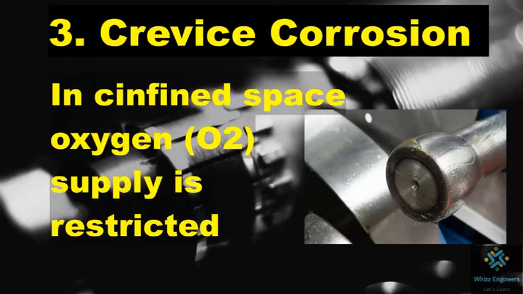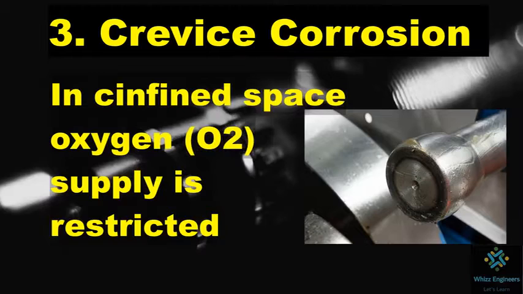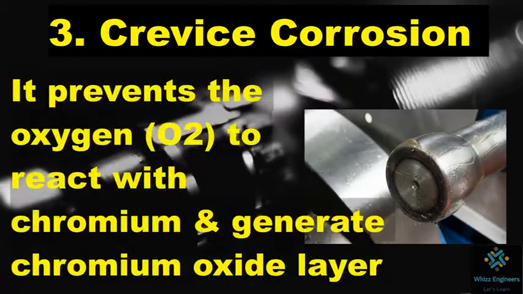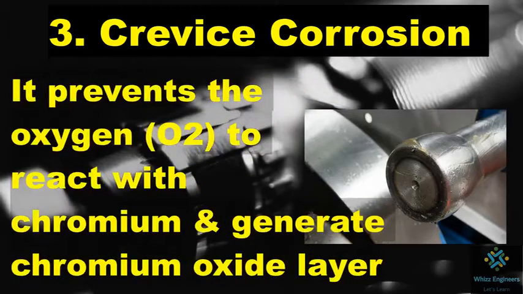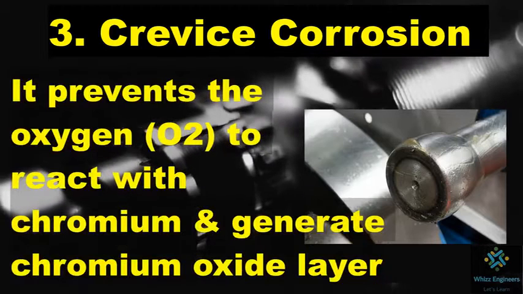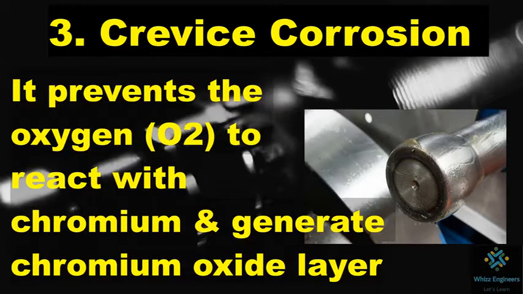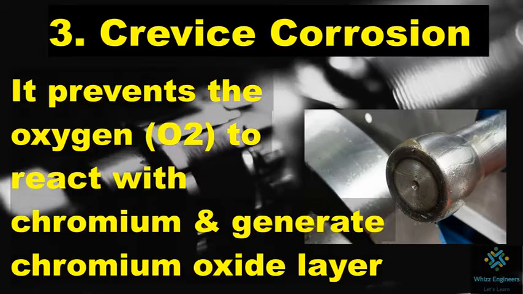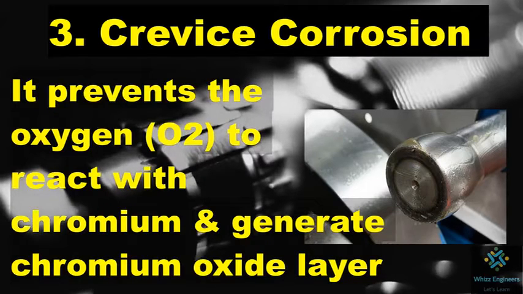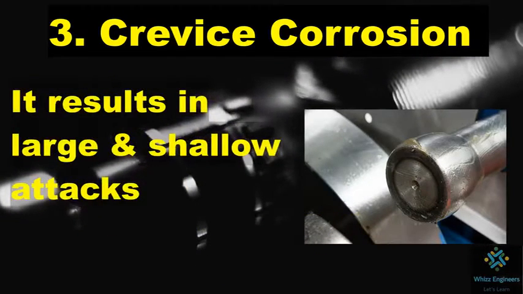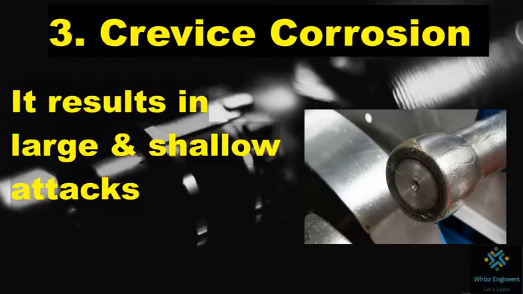As the oxygen content is very limited inside the tight crevice, it prevents the oxygen from reacting with the chromium and generating the chromium oxide layer on the SS surface, which facilitates the corrosion attack. Compared to pitting corrosion, crevice corrosion results in large but shallow attacks.